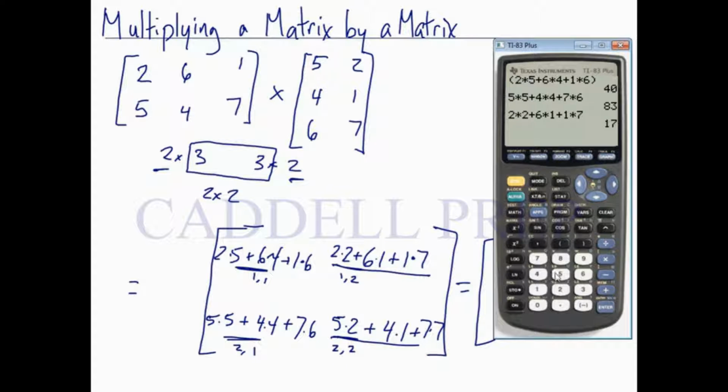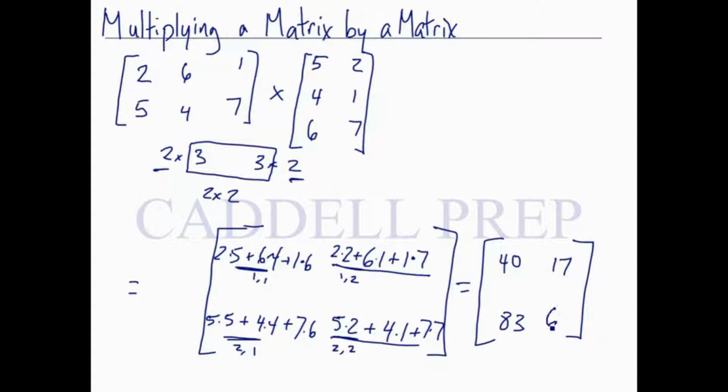And this last one, 5 times 2 plus 4 times 1 plus 7 times 7, 63. So this 2 by 3 matrix multiplied by this 3 by 2 matrix gives us this 2 by 2 matrix.